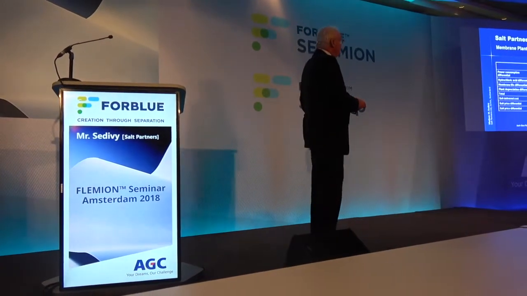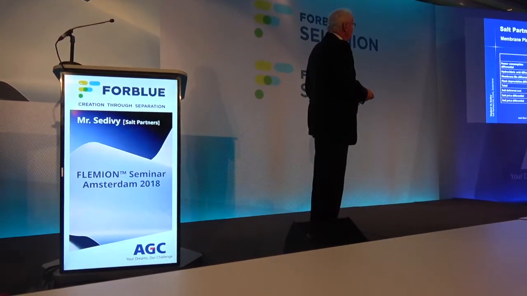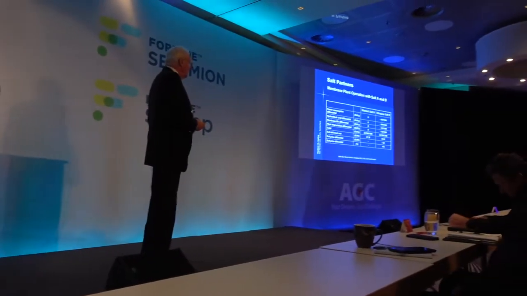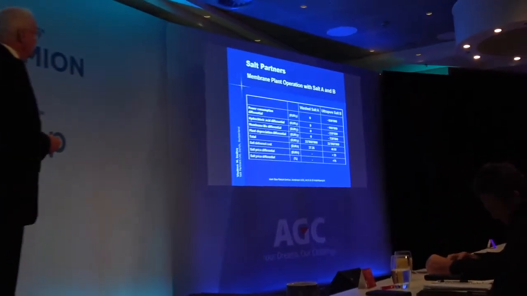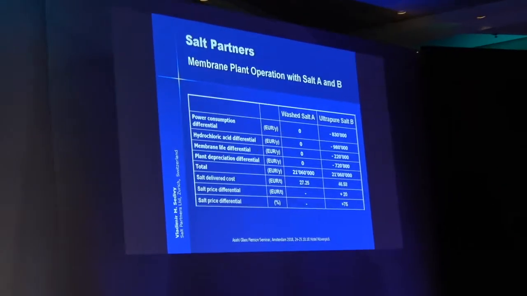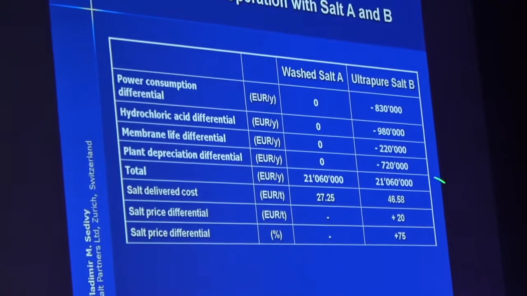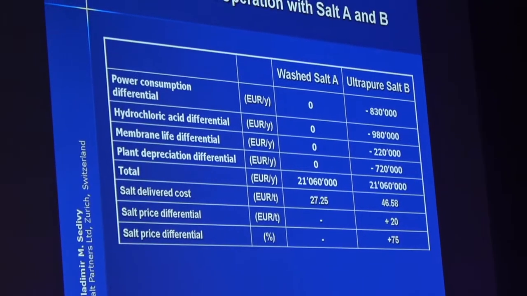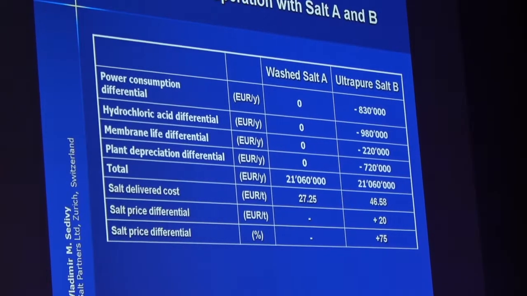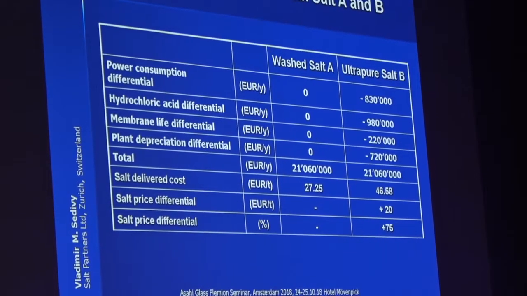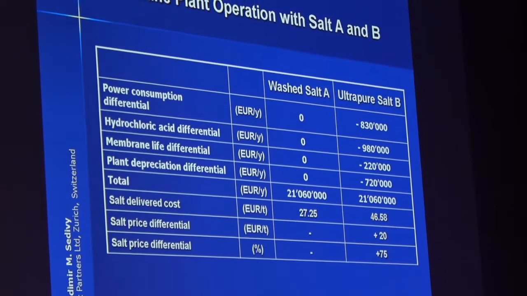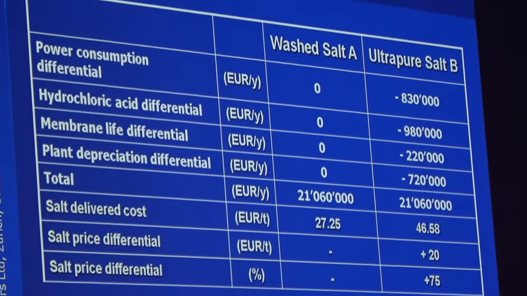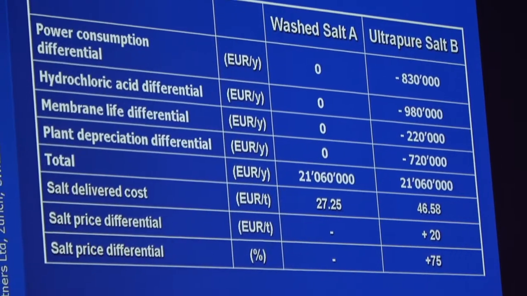And you can see that with the less pure salt, let's say, it is 27 euro per ton of salt worth. With the very pure salt, you can pay 46 euro per ton to get the same economy, right? So the difference is 20 euro, and it's about 75%.